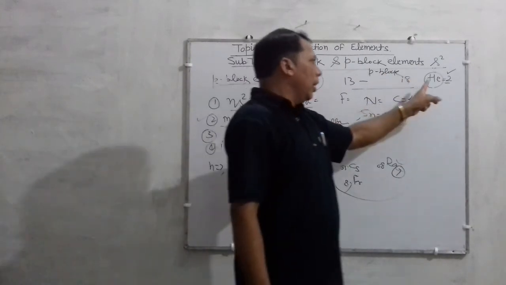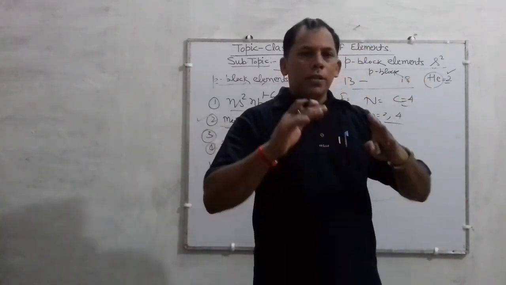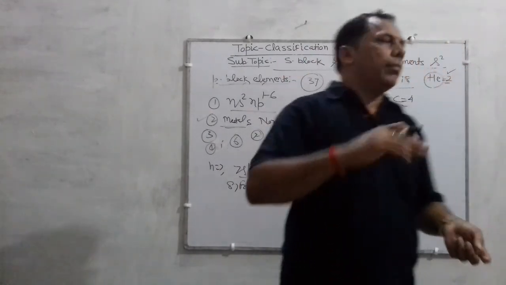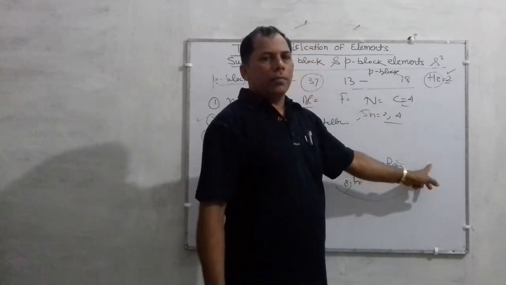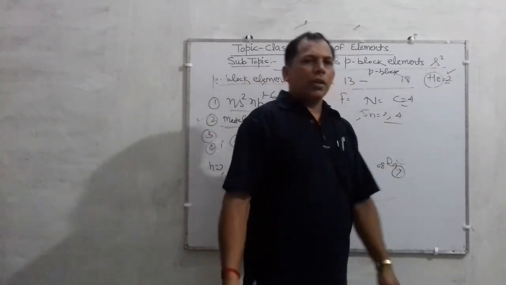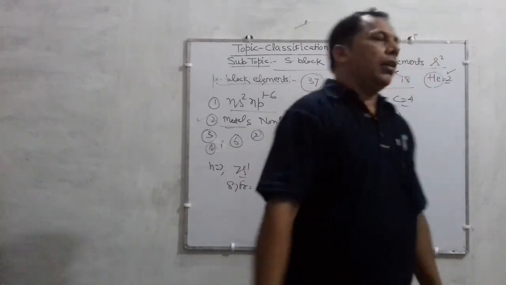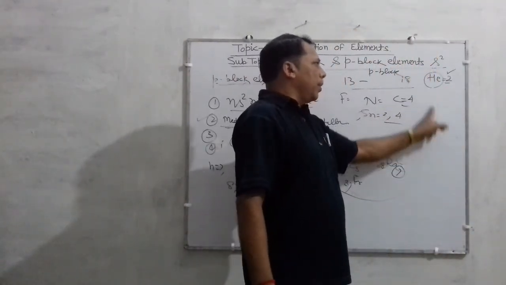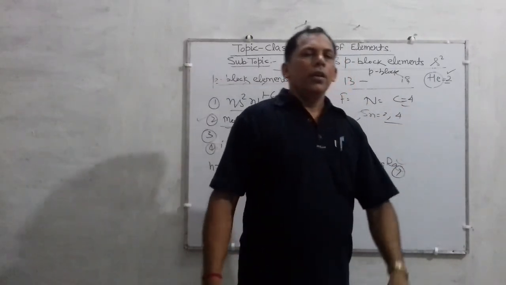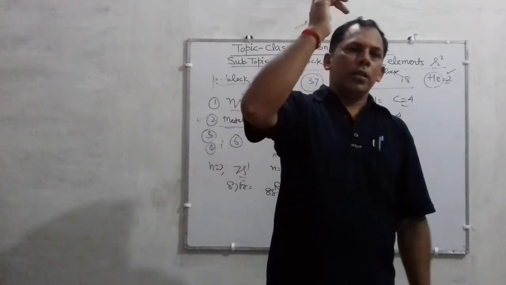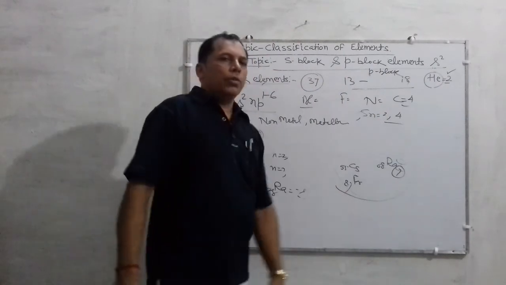So don't confuse. Helium is the exception, and since the property of helium is altogether with noble elements, means 18th group element, that's why it is kept with 18th group, but according to configuration it follows S subshell, but due to proper similarity of the property, it is kept in P block with noble elements or inert elements in 18th group.